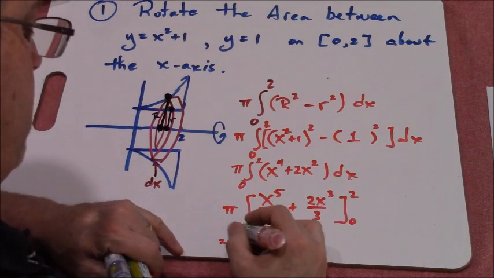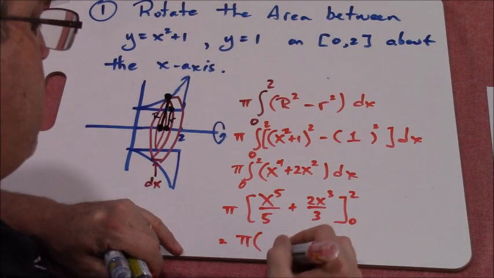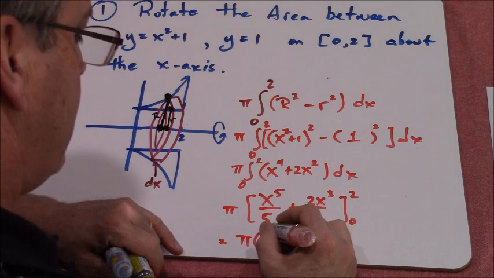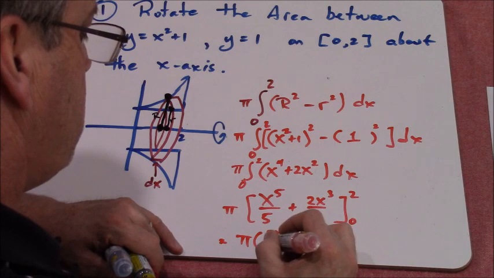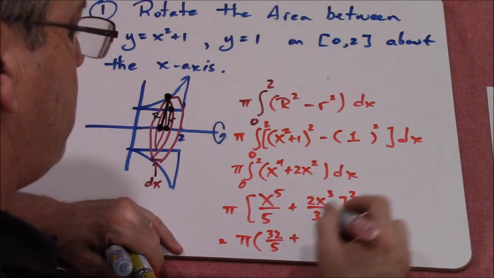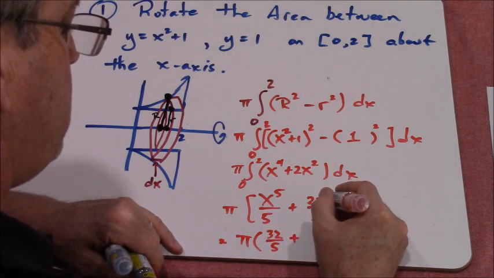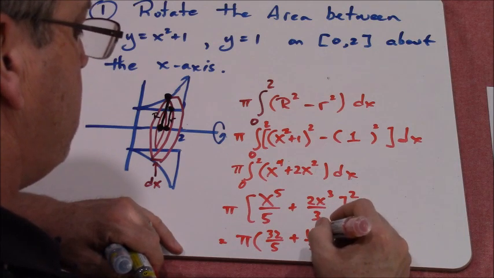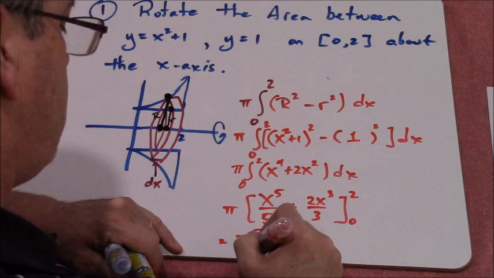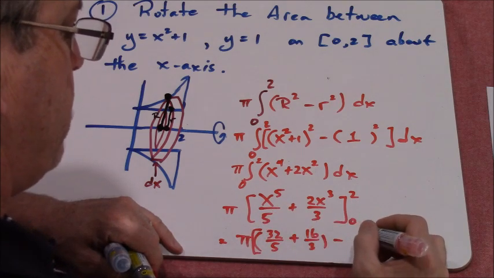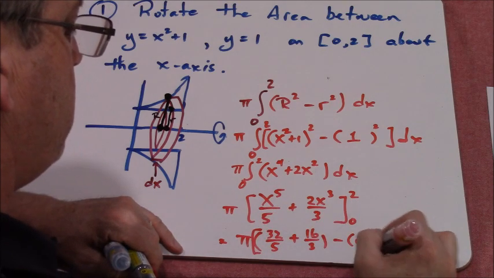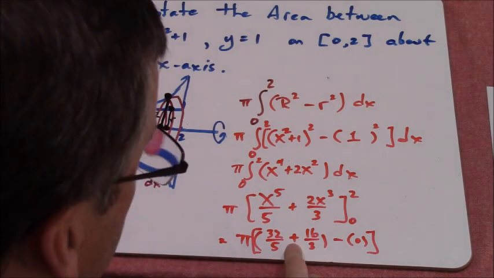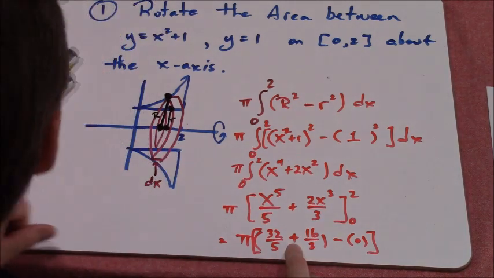So let's see, I'm going to get pi times, if I plug in a 2 to the 5th power, that's 32 over 5. Plus, if I put a 2 in here, I get 8 times 2 is 16 thirds. Minus what I get when I plug in a 0, which would be 0 again. So I just need to add these two fractions right here.